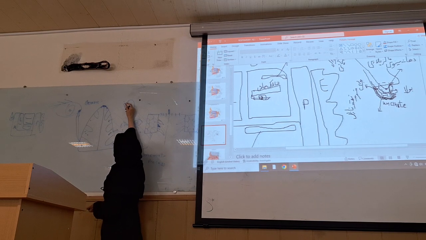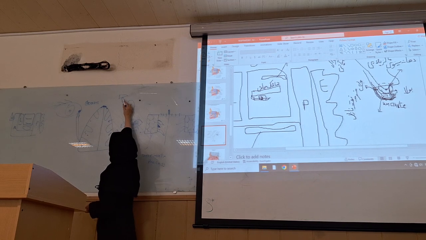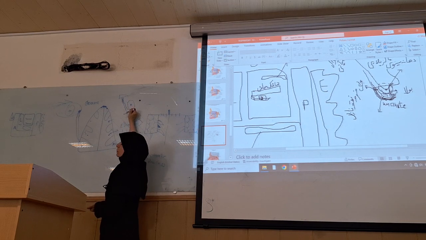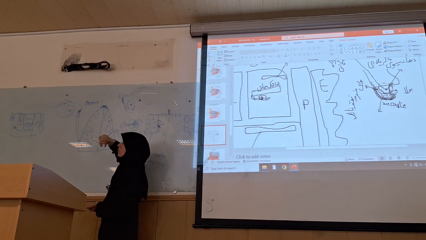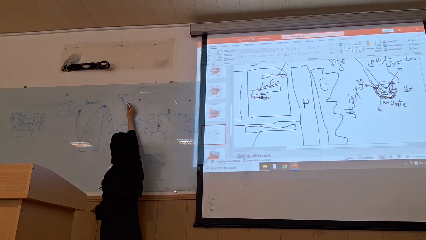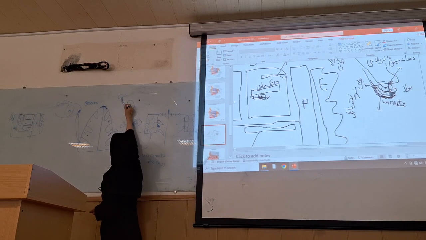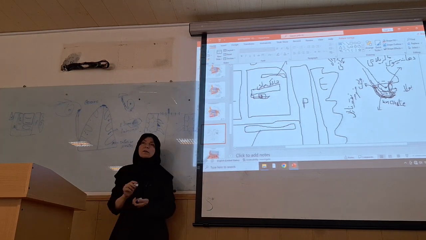This ethmoidal infundibulum is going to be continued to the frontal sinus, and we call it the frontonasal duct. So the frontonasal duct is here, the ethmoidal infundibulum is here, and here is the uncinate or semilunar duct. The maxillary foramen opens here. The anterior ethmoidal cell and the frontal sinus are going to open to the infundibulum ethmoidal.